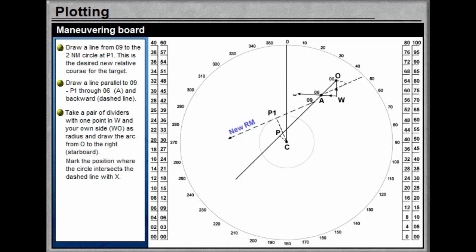Mark the position where the circle intersects the dashed line with X. Your new course is the arrow from W to X. Change course starboard to new course 87 plus 30, which equals 117 degrees.